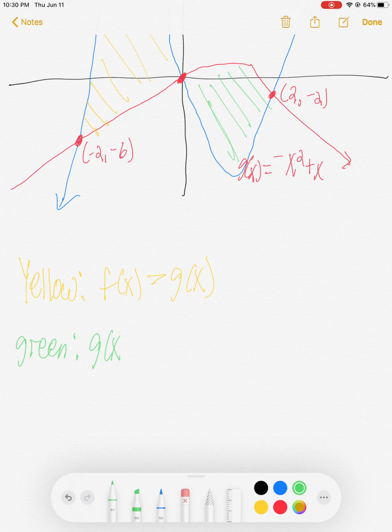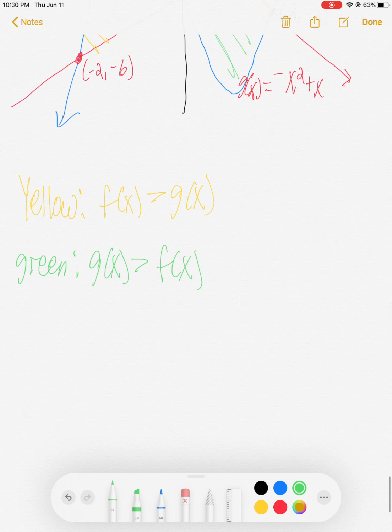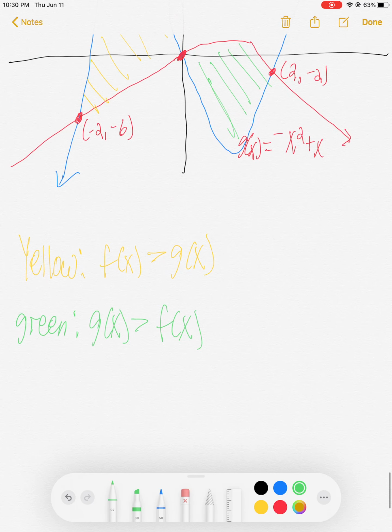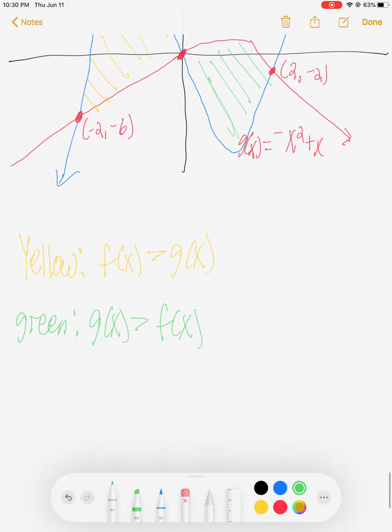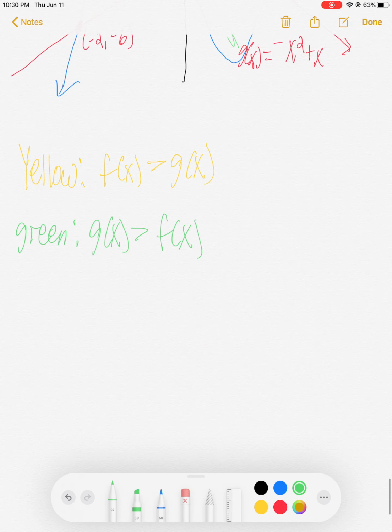Over the yellow region, I see that f of x is greater than g of x. The blue function is on top of the red function. Over the green region, we have it the other way.